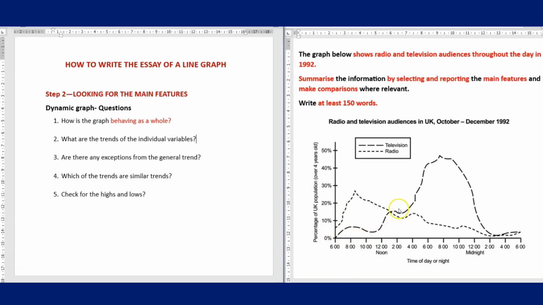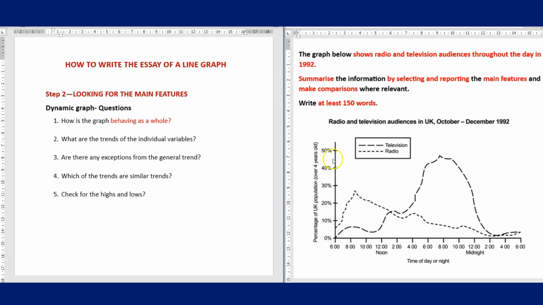Television has some fluctuation, but still goes up and comes down. You don't have to state the specifics, you just look at it at a glance.